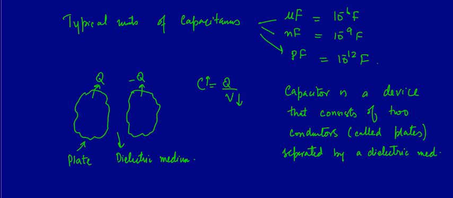Now the point is, how do we give an equal amount of charge to the other conductor? Suppose this is one conductor having a positive charge Q, and we bring another conductor, which we call a plate, near it, not touching it, and we want to give an equal amount of charge to this plate.